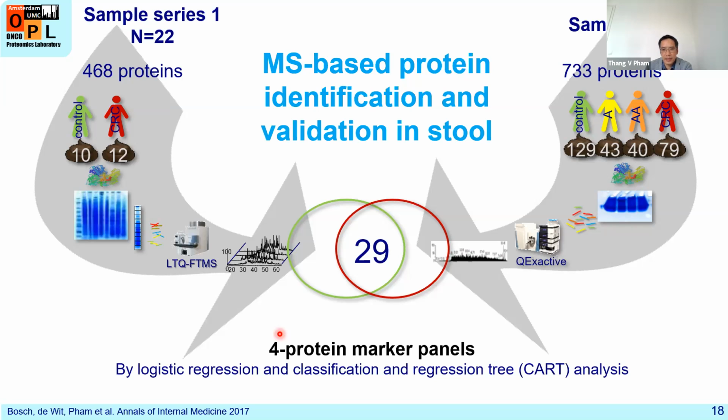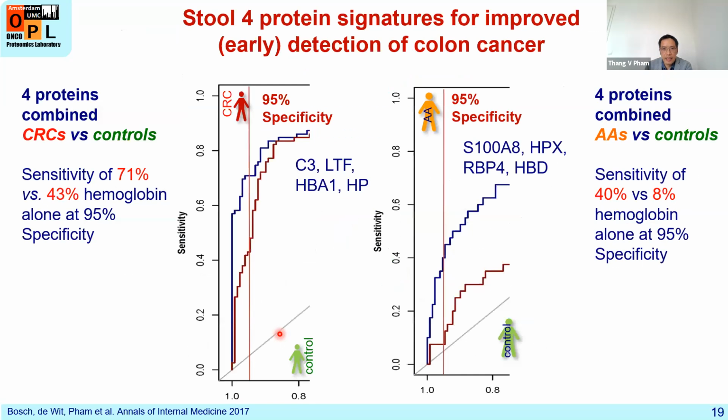I'll go back to feature selection a bit later. These 4 proteins can not only detect cancer from control, but we also looked at detecting a very early stage of cancer development. AI stands for advanced adenoma.